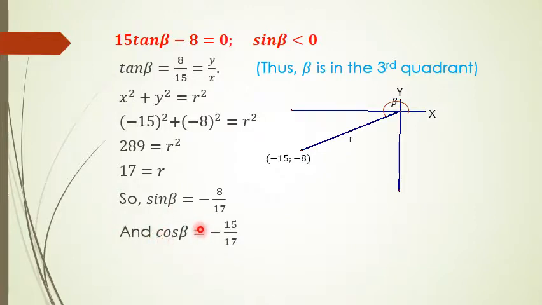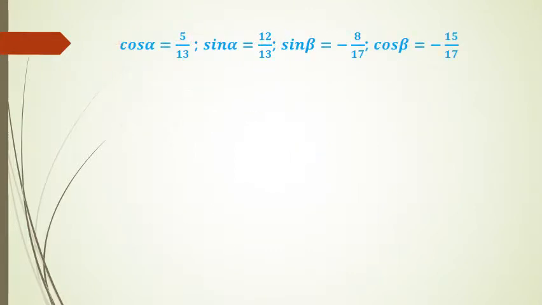And cos beta is x over r. The x coordinate is minus 15 and r is 17, so cos beta is minus 15 over 17. We now have all the information we need to answer the questions.